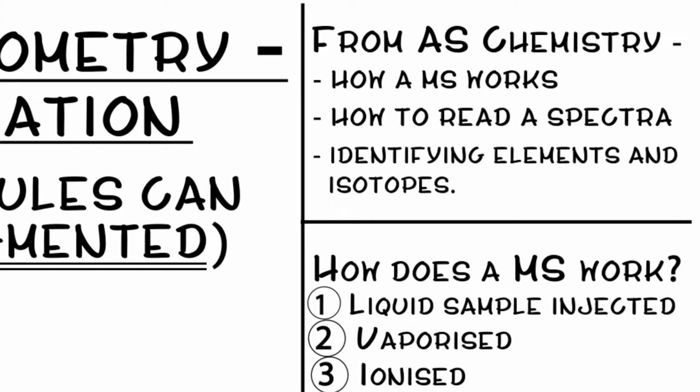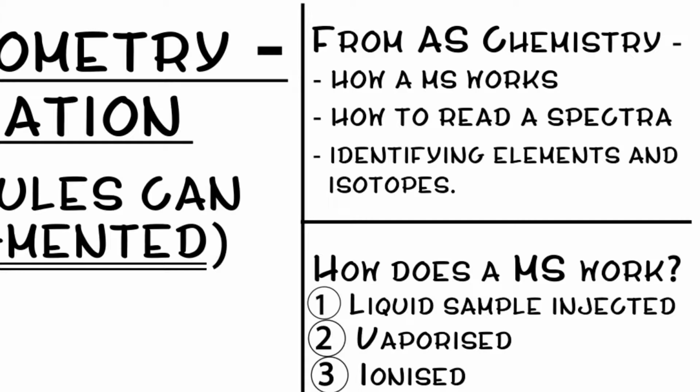Now, at AS Chemistry, like I say, all you were expected to do was to be able to look at a mass spectrum, and be able to identify specific elements in there by using the spectrum that you've been given. And hence, you'll be able to calculate as well relative atomic masses of an element based on the isotopes that you get from a mass spectrometer.